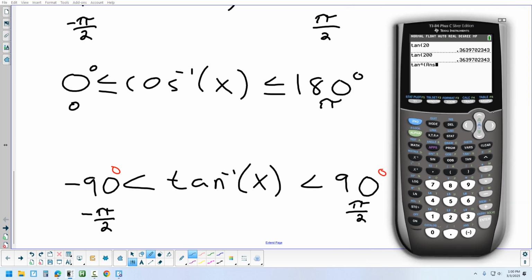Yeah, it's going to give me back the one between negative 90 and 90, which is 20. Okay, so even though inverse trig is undoing what we did, when you undo this, you do not get 200 back. You always get 20 for that particular number.